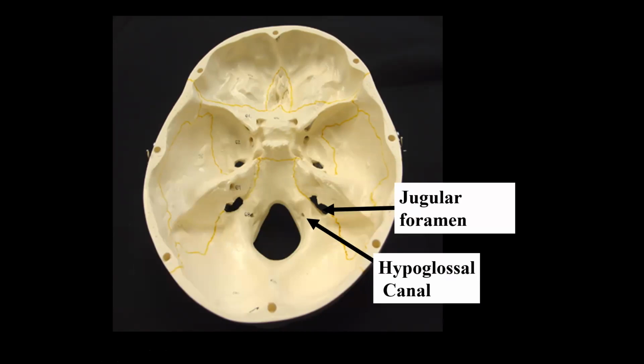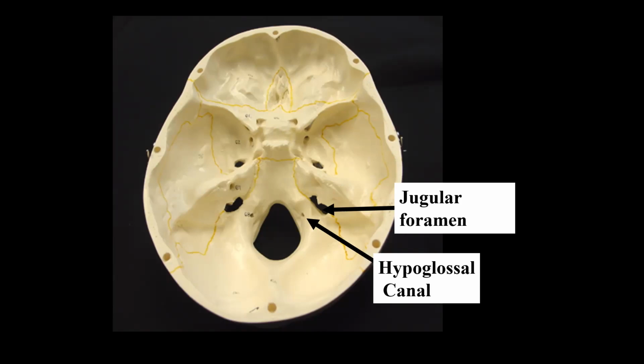Hypoglossal canal is the passageway for the hypoglossal nerve. Hypoglossal nerve comes down from the medulla oblongata in the brainstem. The medulla is a big reflex center. We're going to talk about that in lecture when we get into the brain. But the medulla is a big reflex center. It controls our ability to swallow.